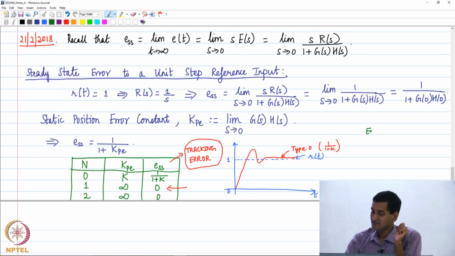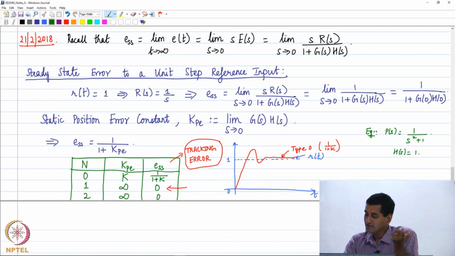As an example, let us say P of s is 1 by s squared plus s plus 1, so there is no pole at the origin, and H of s is 1. Then how do I introduce a pole at the origin, a 1 by s term, to make it type 1?